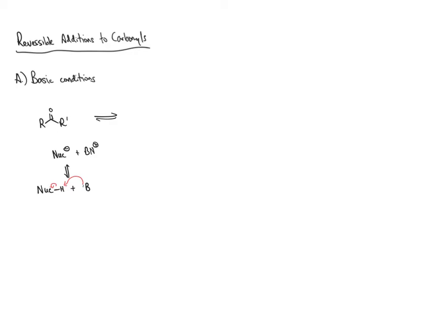And so we get nucleophilic attack of the carbonyl to give us a tetrahedral intermediate, which then, of course, can get trapped by some exogenous proton source, ammonium chloride, for example.